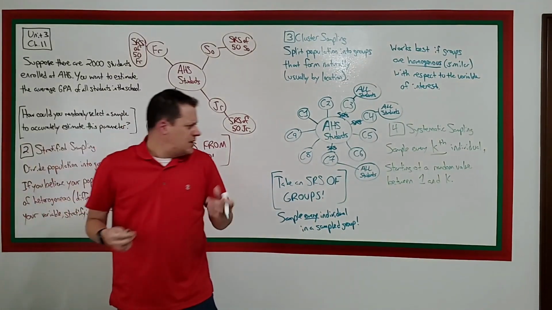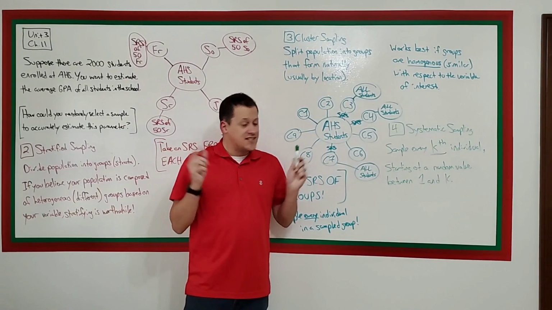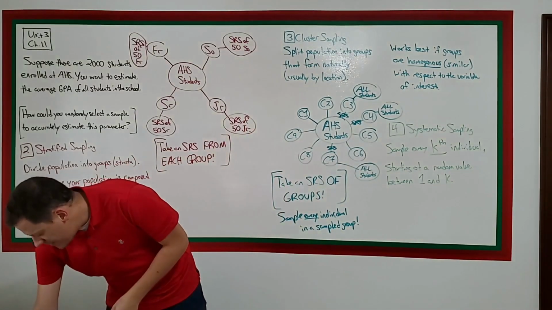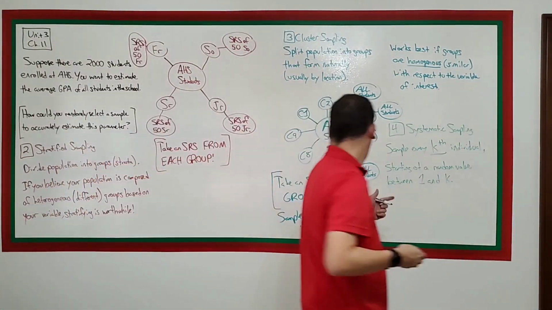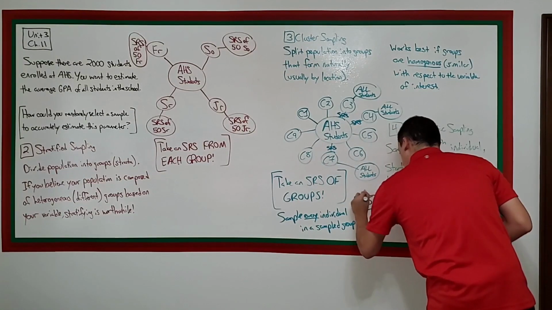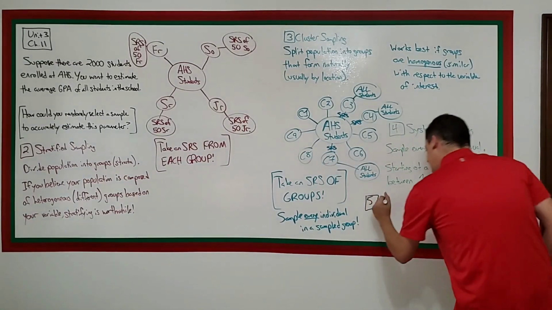Okay. I said there were 5 methods of sampling. I've listed 4 here. The 5th is multi-stage sampling.